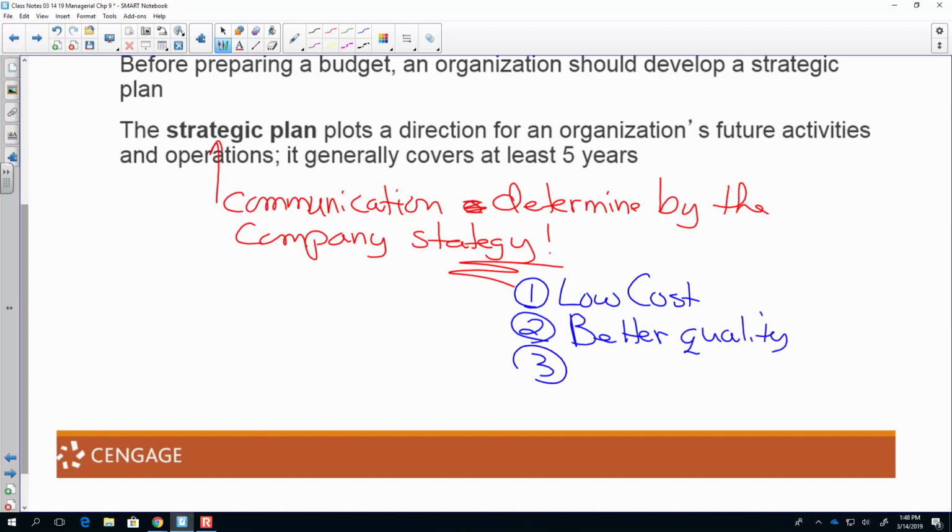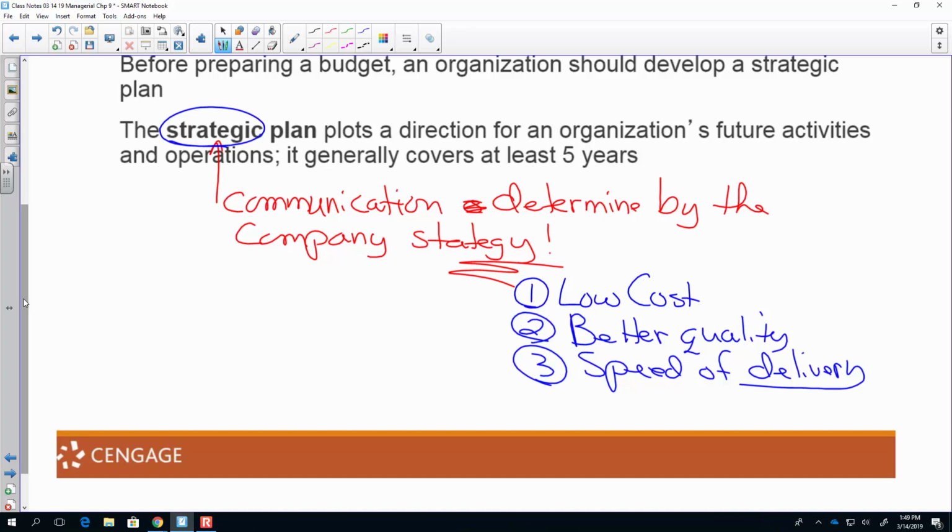Or maybe it's speed of delivery. We might be a little higher, but our delivery is not touched by any of our competitors. A strategy or a strategic plan is how do we compete in the marketplace. And this budget has to have that strategy in mind when we're creating it.